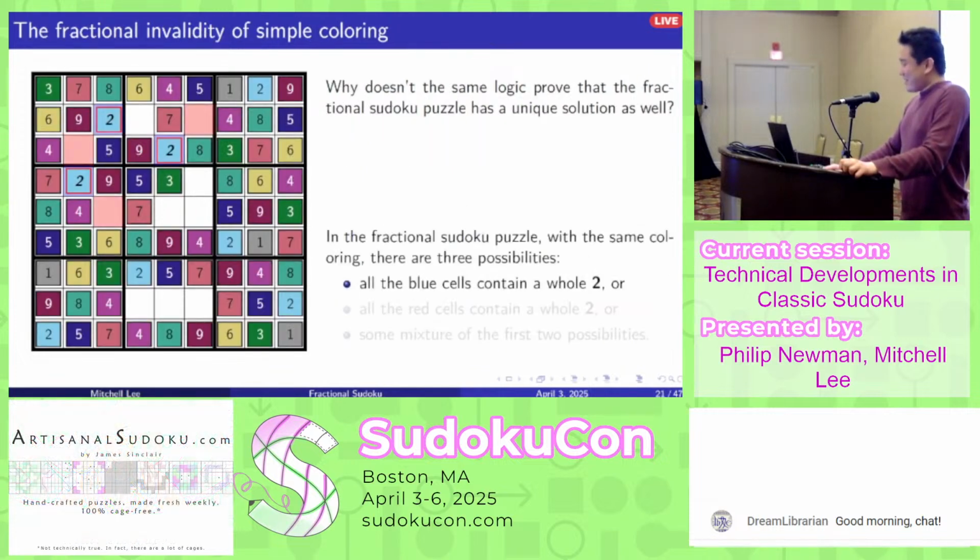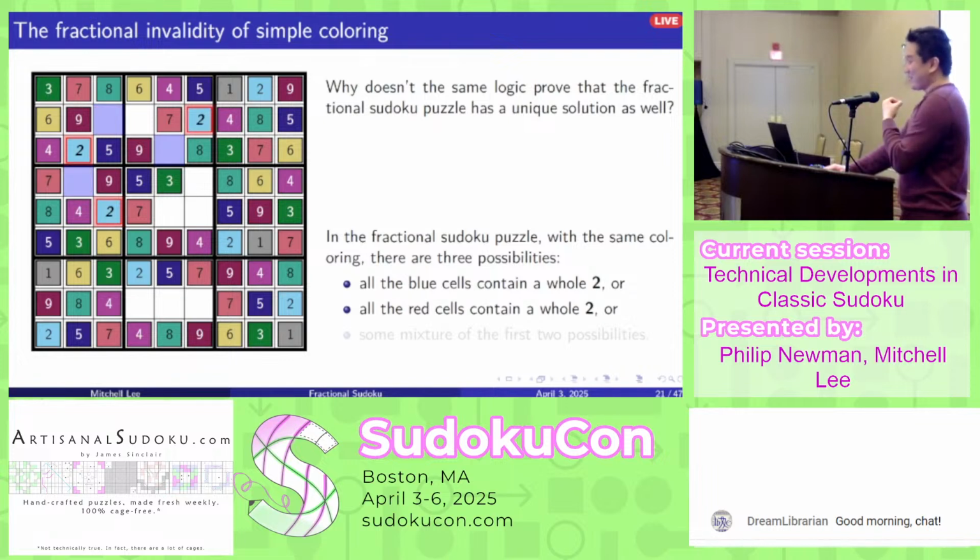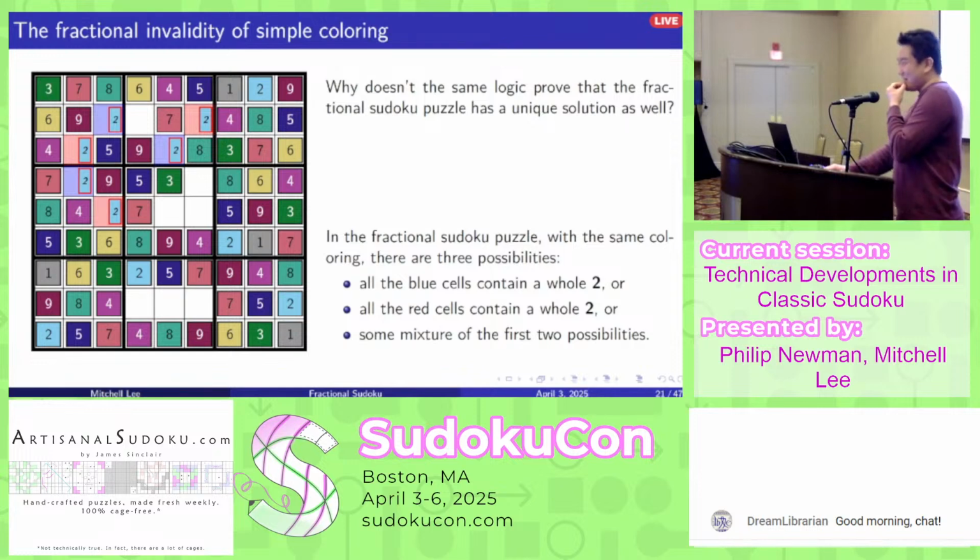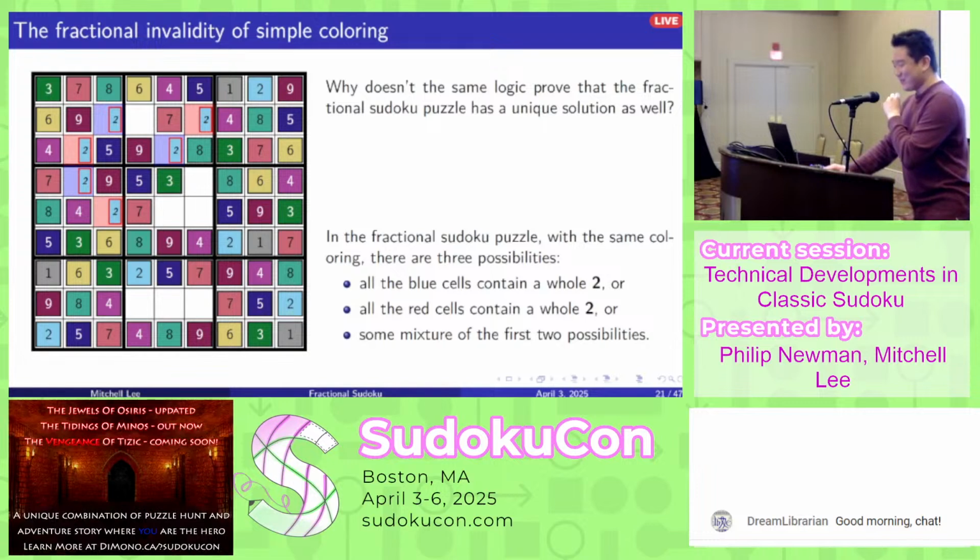Well, we're still allowed to do the same red-blue coloring, except now, instead of 2 possibilities, there's essentially infinitely many, right? You can have all the blue cells containing a whole 2. You can have all the red cells containing a whole 2, or you could have some mixture of these possibilities. Like, for example, each of the blue and red cells containing half of a 2.